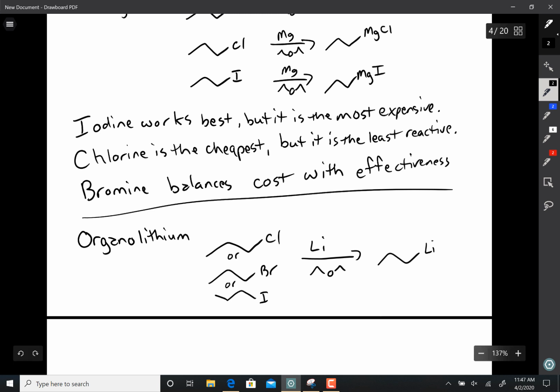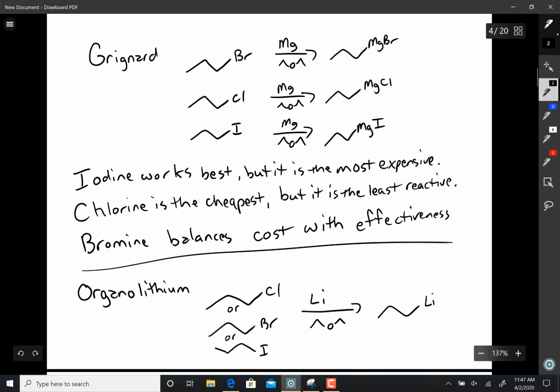And you can use any of these as well. With the same thing, iodine works best, chlorine works the worst, but bromine is the one that's usually used. Okay.